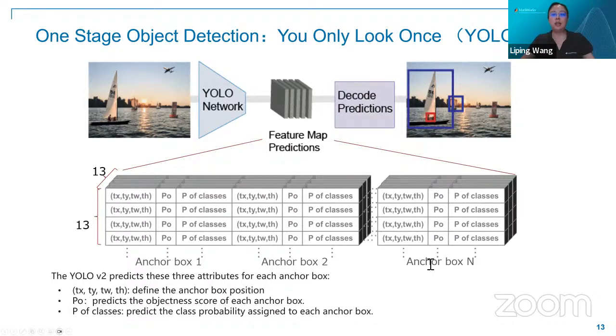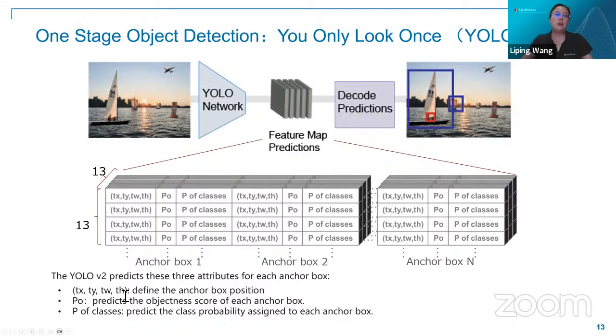Each vector contains the attributes of each anchor box. For example, here we have n anchor boxes, and the attributes of each anchor box include tx, ty, tw, th, which define the anchor box position. The first two give the origin location of the anchor box, and the third one, tw, is the width of the anchor box, and th is the height of the anchor box.